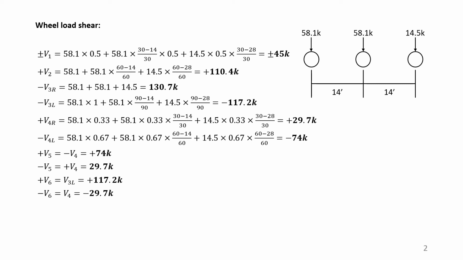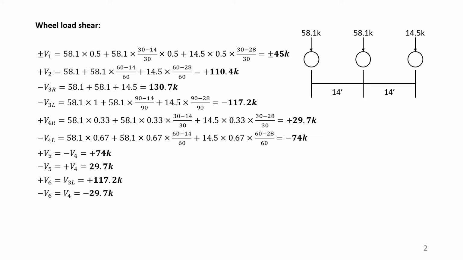All these values I put at the bottom of the figure, as wheel load shear. We have shown the values V1, V2, V3, V4, V5 and V6, and from these triangles and from the ratios, where the wheels are set every 14 feet, we can find all these values and get the live load shear for the wheel load only.